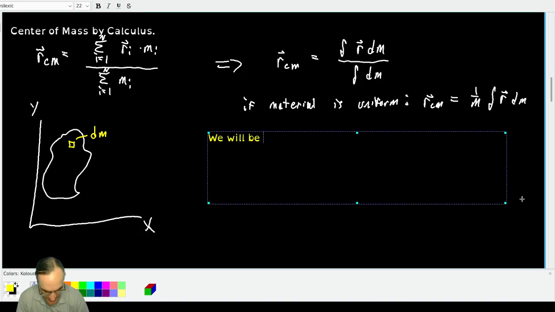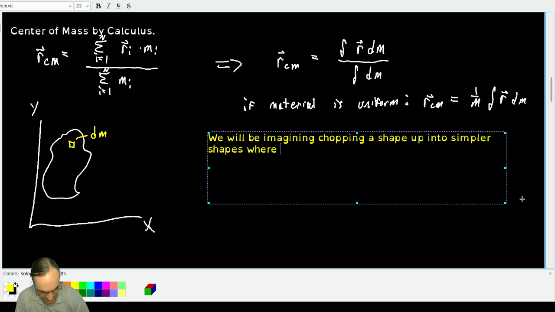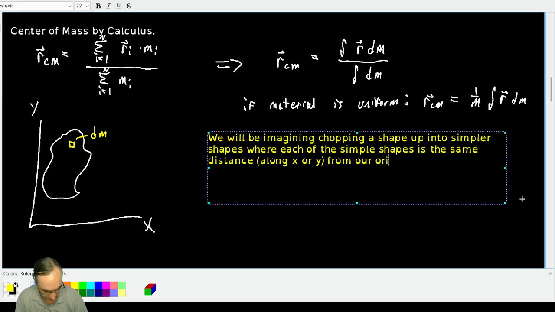So we will be imagining chopping a shape up into simpler shapes, where each of the simple shapes is the same distance along x or y from our origin, and the entire shape is that distance from our origin.